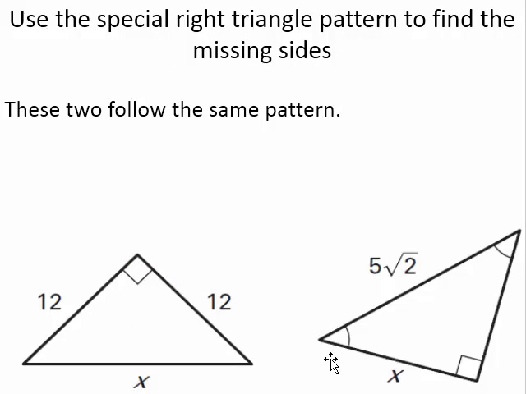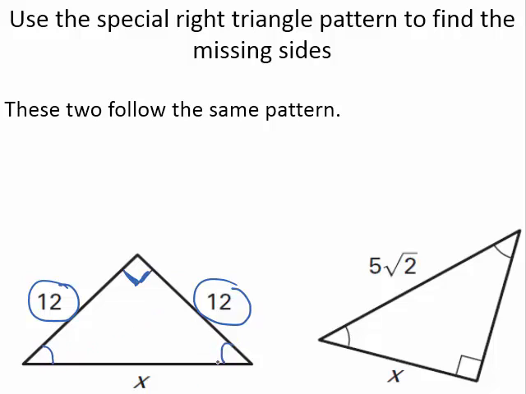So here's a couple of examples that look a little bit different, but are going to still follow that same pattern. Both these triangles I've given you are still 45, 45, 90 triangles, even though they're not listed as such. And here's the reason we know why. If two legs are the same on a 90-degree triangle, that means it must be a 45, 45, 90.